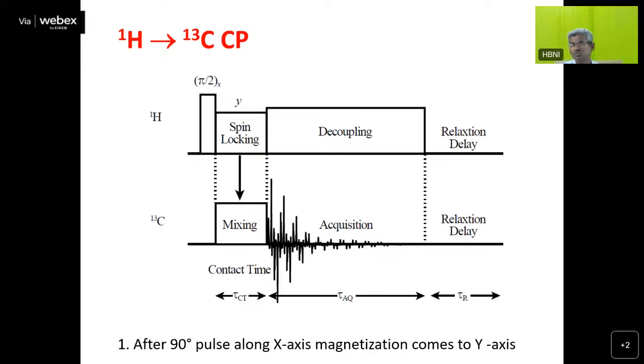Hope you have understood that. If you have any query regarding the rotating frame, you can ask, but for the time being I will continue. You can go through your previous notes and find out the difference between a laboratory frame and a rotating frame. For the time being, I take it for granted that you have already gone through these concepts. In case of any doubt, you can mail me. I can discuss it, maybe in the next class also.